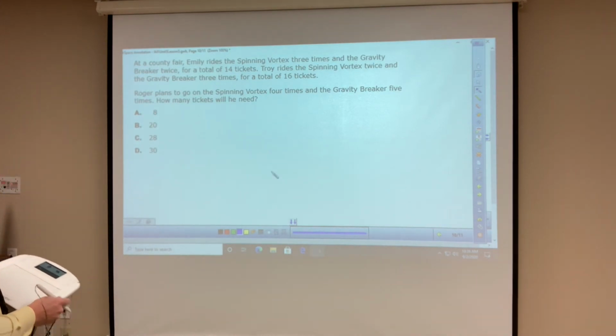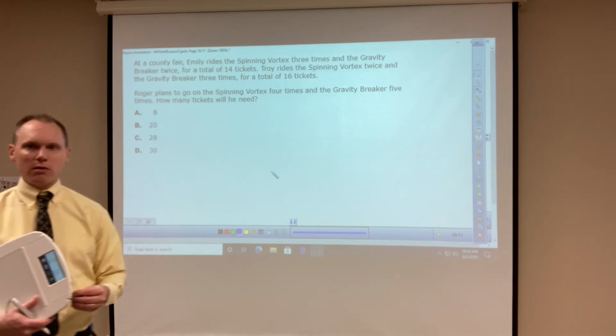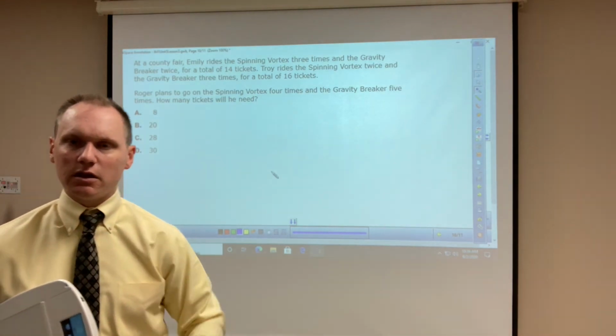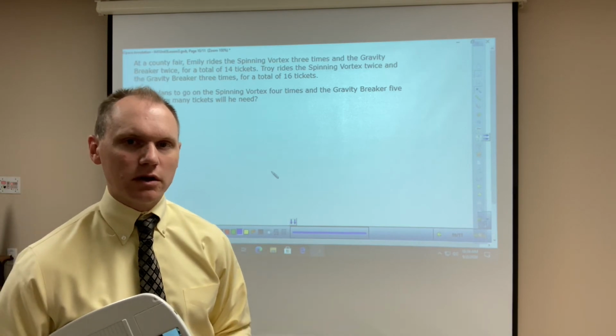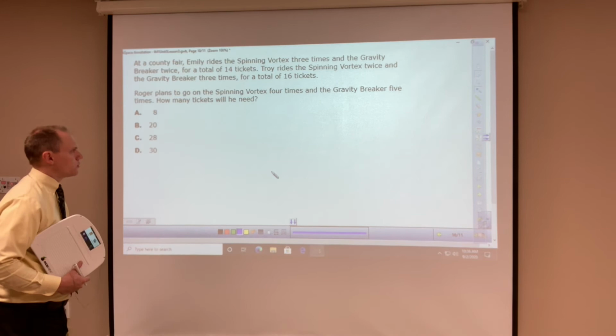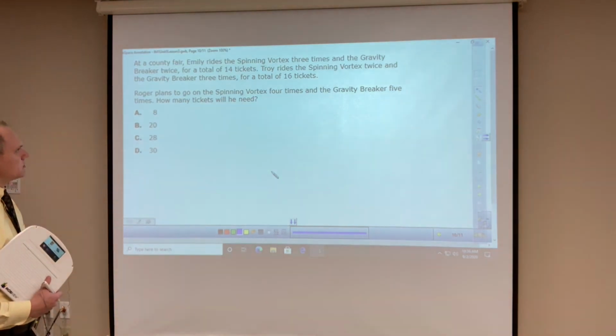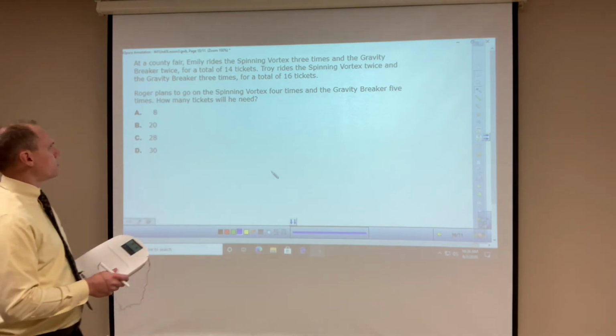All right, so lastly, I wanted to bring up this TN Ready type problem. We're going to do this problem during this lesson and in our next lesson, and you'll see some differences in our approaches in both lessons. So it says, at a county fair, Emily rides the spinning vortex 3 times and the gravity breaker twice for a total of 14 tickets.